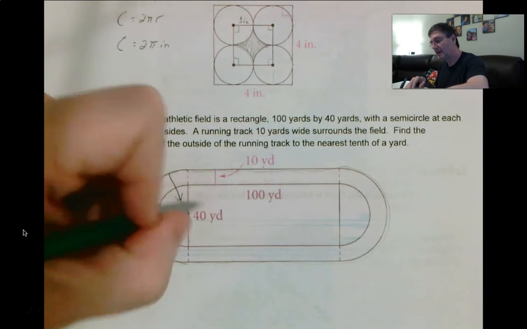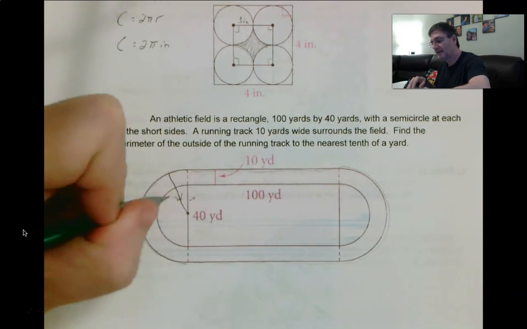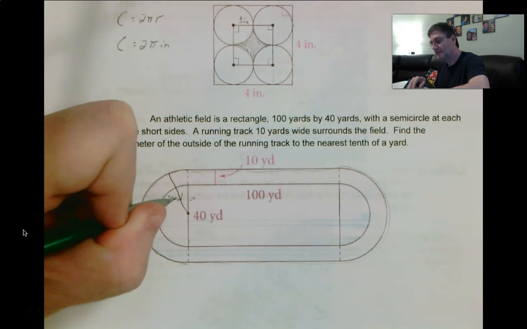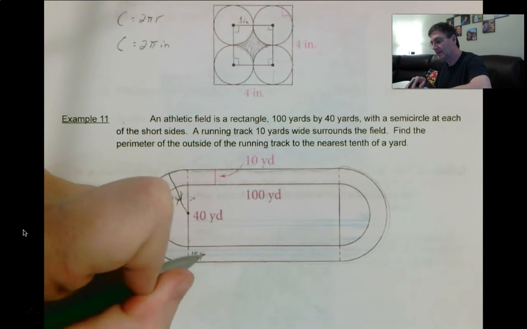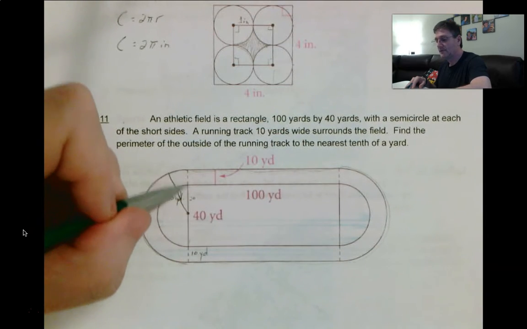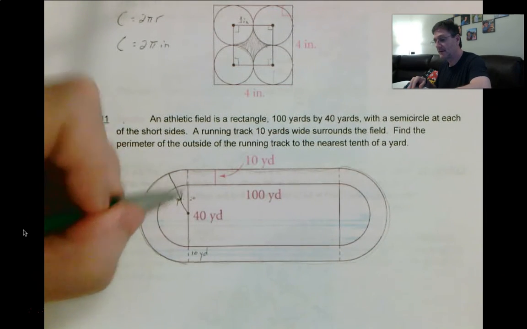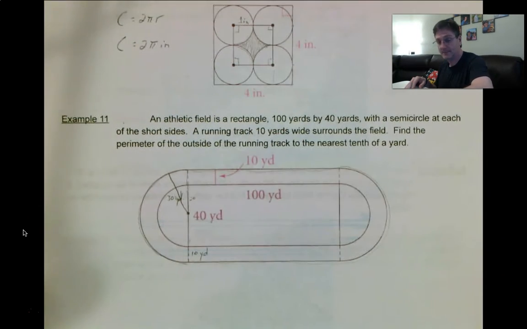This is 20 plus 10, so radius of 30 yards, a diameter of 60 yards. 10 plus 40 plus 10.